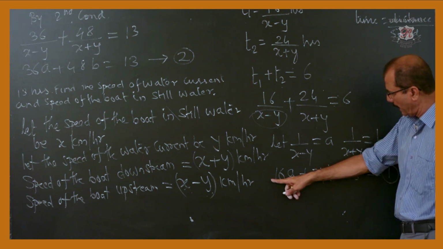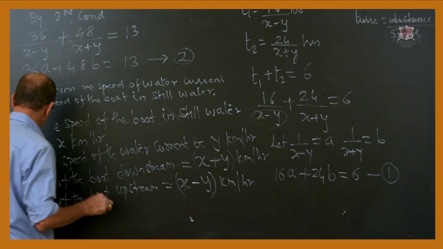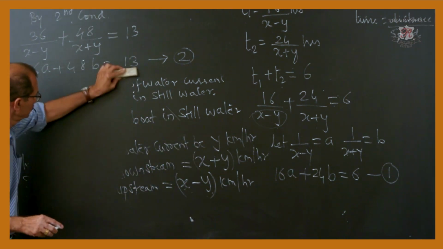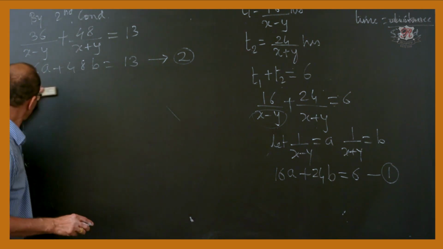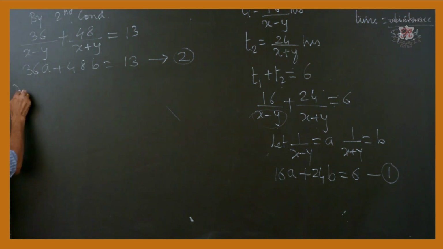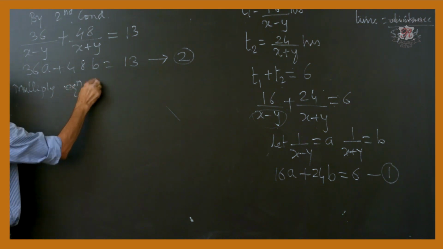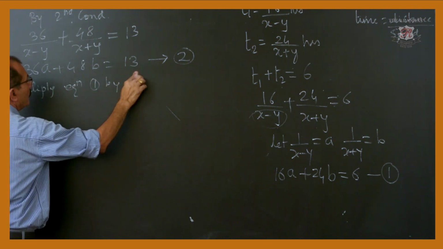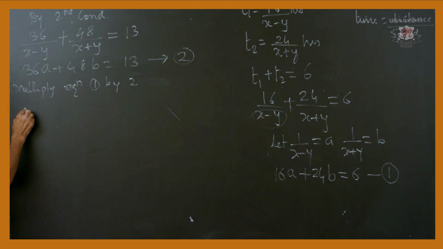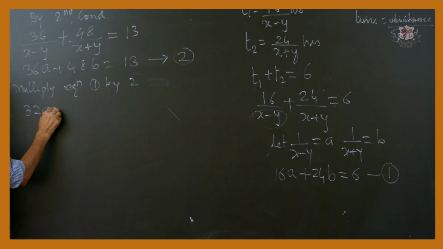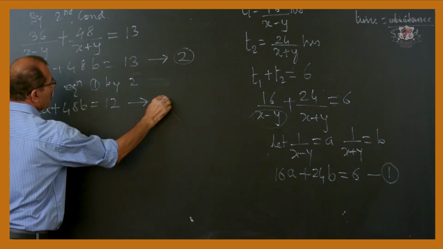I will write this equation: 32a plus 48b is equals to 12. This is my equation number 3.